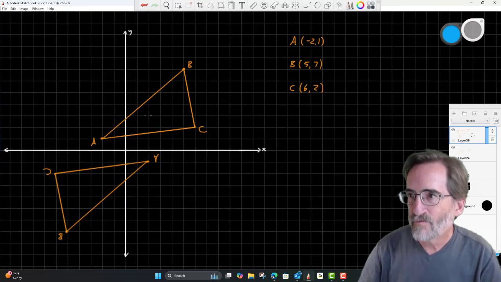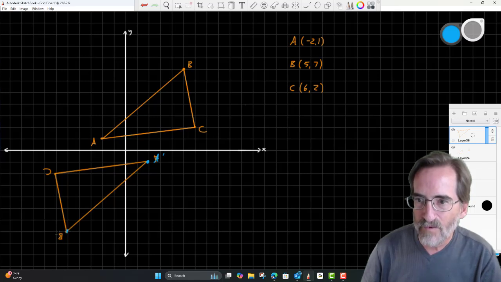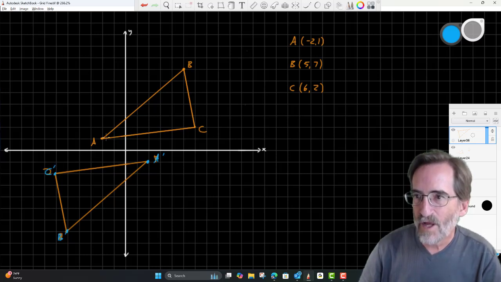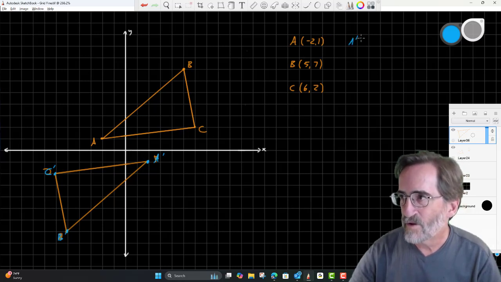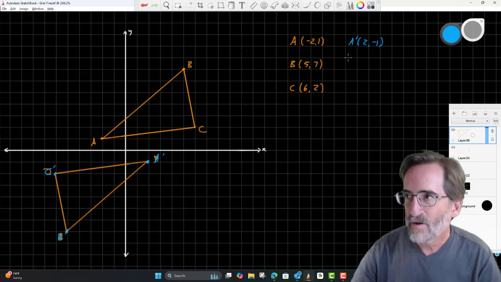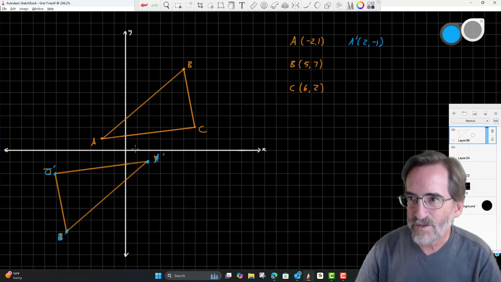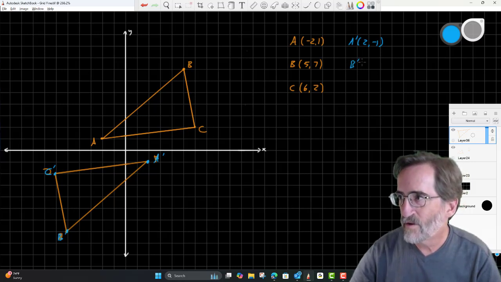Paste it there. A prime is right here, B prime is right here, C prime is right here. A was (-2, 1), and is now (2, -1). B was (5, 7), now it is (-5, -7). And C was (6, 2), and is now (-6, -2).